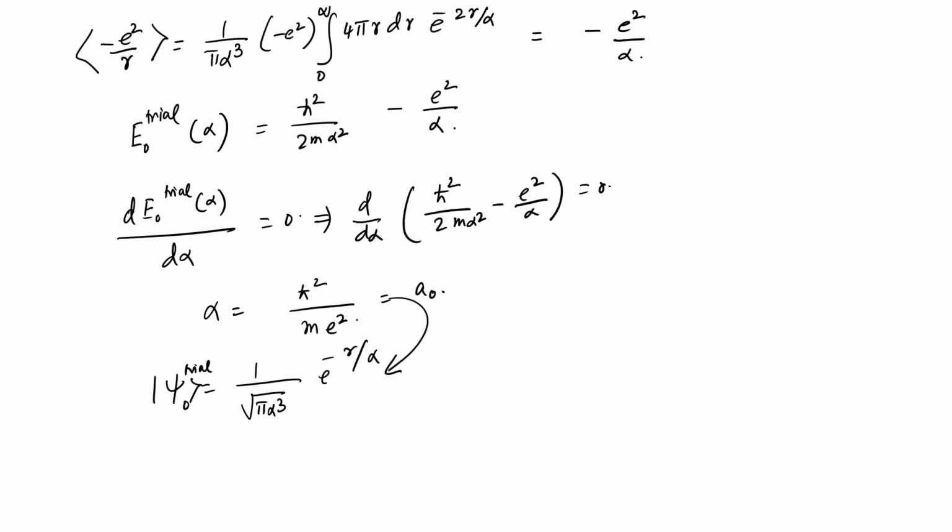So, this gives you exactly 1 by pi a0 cubed e to the power minus r by a0, and this is the exact ground state wave function. The reason is that you did not play around much with the wave function, and in a bid to preserve the symmetries you have taken exactly the one that is the true ground state, and then you get this result.